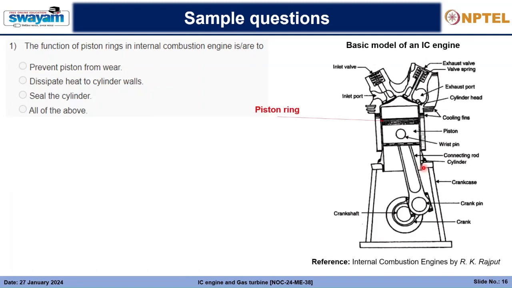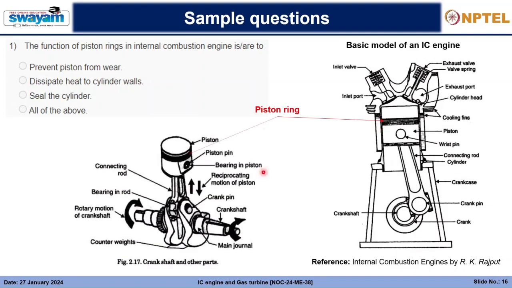So let us first see what piston rings are. A piston ring is basically provided to separate the piston from the cylinder. If you do not separate the piston from the cylinder, so this is another arrangement of the piston, and you will see this is the piston ring out here.